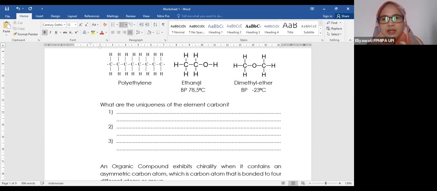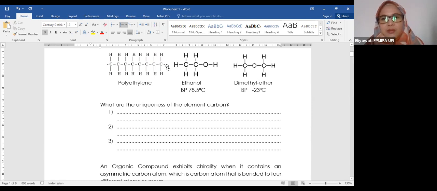Okay, let's see between ethanol and dimethyl ether, both of the structures have the same molecular formula, right? The number of carbon is 2, and then how many hydrogen elements? Six hydrogen elements, and then 1 oxygen element.